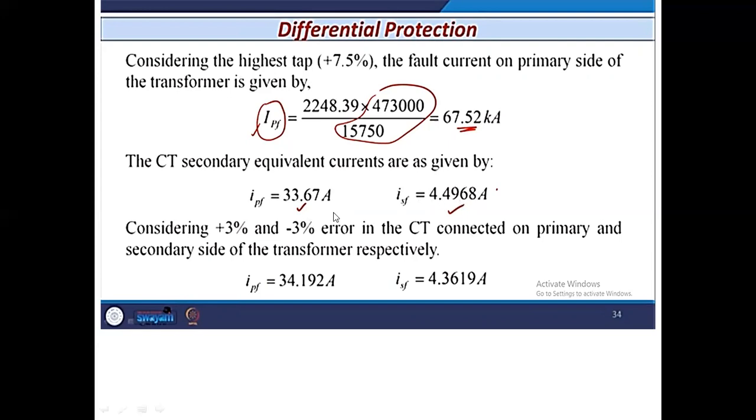So if I consider the worst case, it is the primary side plus 3% ratio error and the secondary side minus 3% ratio error. So I consider plus 3% here.